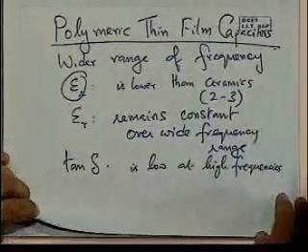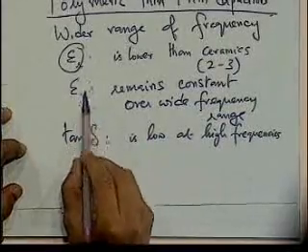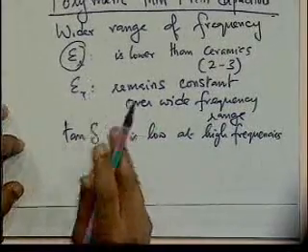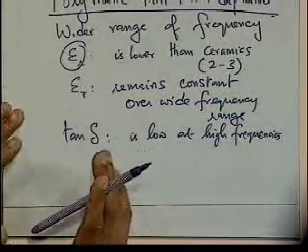polymer thin film capacitors. Now, because of this low value, in order to get sufficient capacitance, I must have a very large area. That means I must have a very good design, and it should be compact, and yet I should have large area. That way, I can make it equivalent in capacitance, even though epsilon r is small.